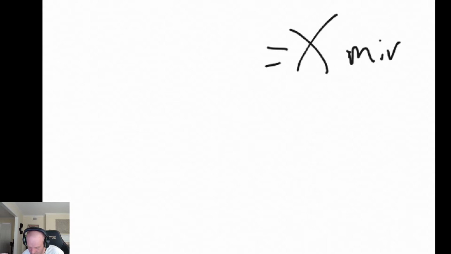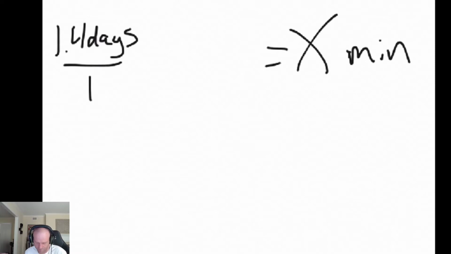It says how many minutes, so that's actually what we're trying to find. So I'll put it on the right side: X minutes are in 1.4 days. On the far left, I'm going to start with 1.4 days over 1. I'll always start my problems that way. It just makes it easier for me to set up these conversion factors.